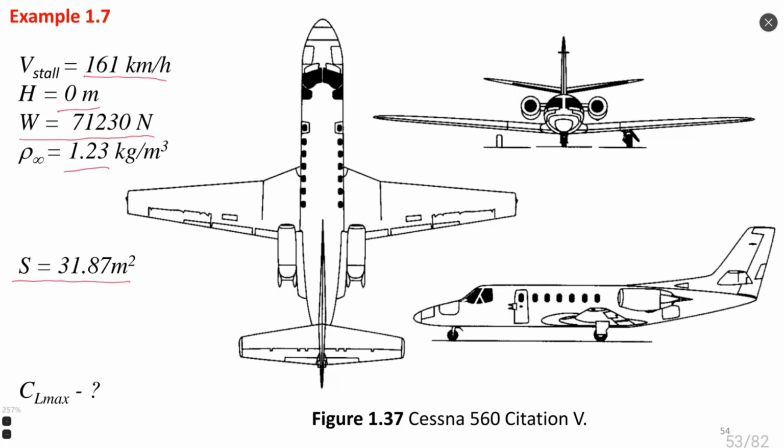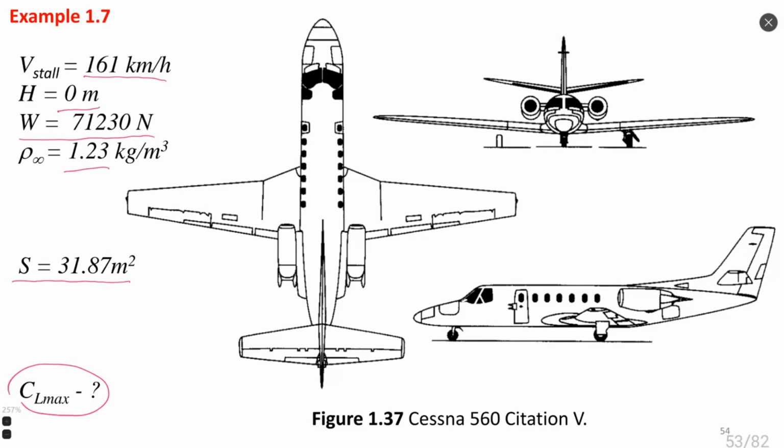Planform area of the airplane is the same. So it's not important whether we calculate for high altitude flight or on the ground when it just takes off. Of course, reference area is the same because this airplane has constant geometry. We are asked to calculate the maximum value of lift coefficient for this airplane.